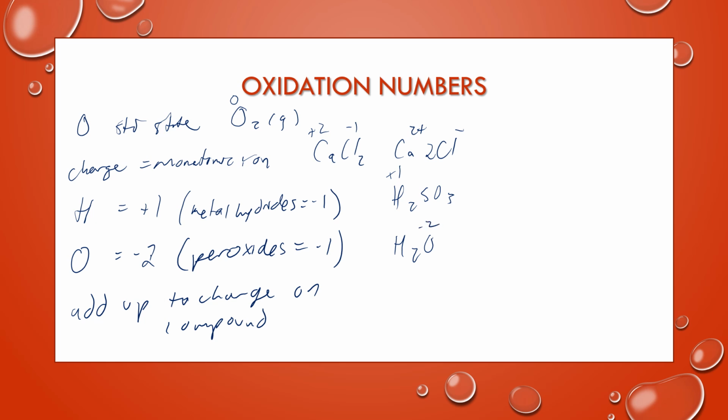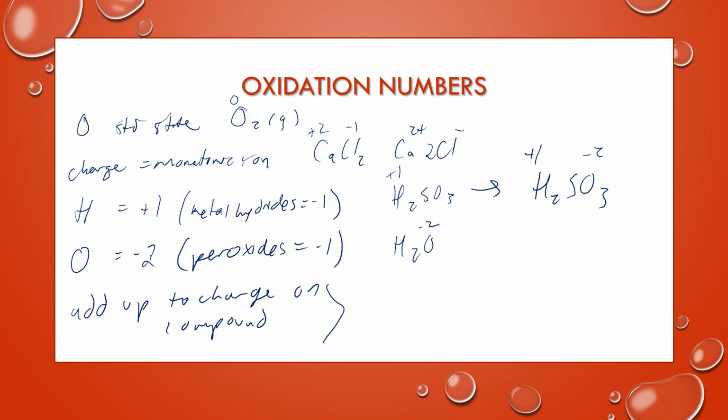Now, if you have another example where you need them to add up, let's use this H2SO3 and work through that. The overall charge on that compound is 0, so all of the oxidation numbers on that compound have to add up to 0. Hydrogen, we just said, was +1, and oxygen in a compound is -2.